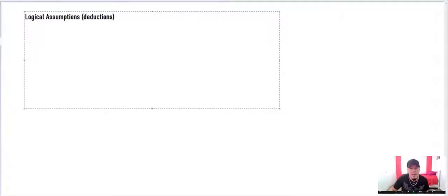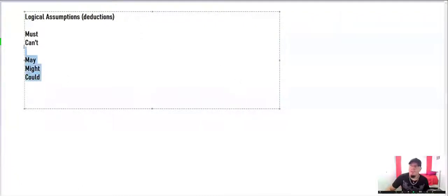But mainly, we have 5 modal verbs which express assumption, or that we can use to express assumption, which are must. This one is negative, can't. Then we use may. We also have might, and we also have could. We have these 5 modal verbs which express assumptions or logical deductions, whatever you want to call them.